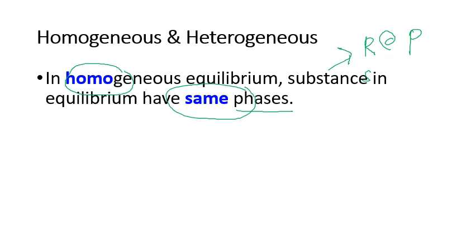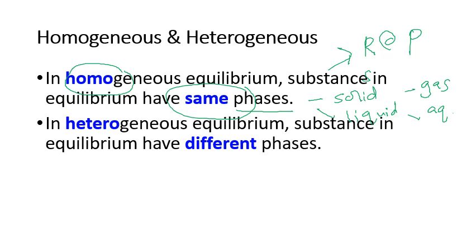The phases here can refer to solid, liquid, gas, and also aqueous solution. As long as all the reactants and all the products have similar phase, this equilibrium is considered homogeneous equilibrium. While the second one is the heterogeneous equilibrium, where the product and the reactant may have different phases.